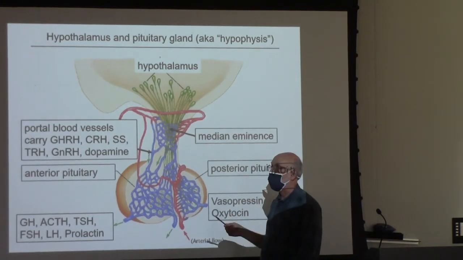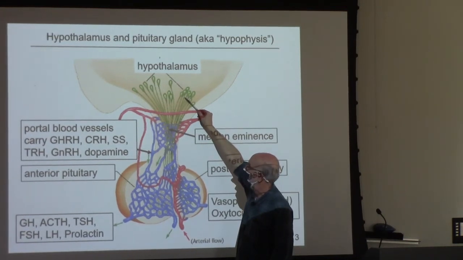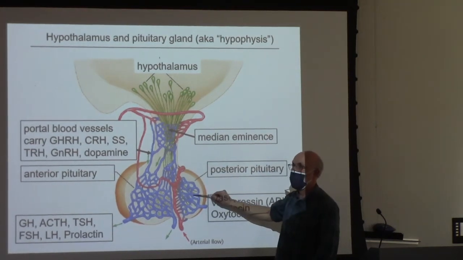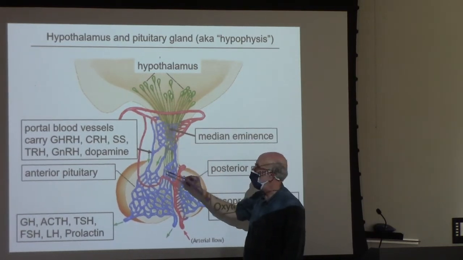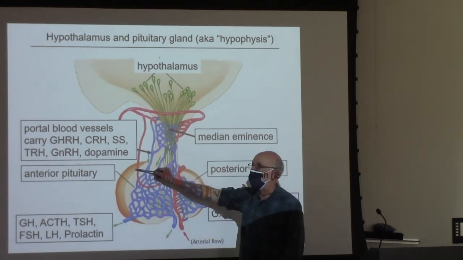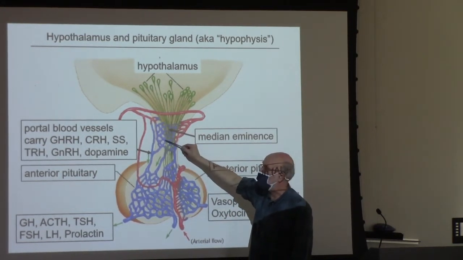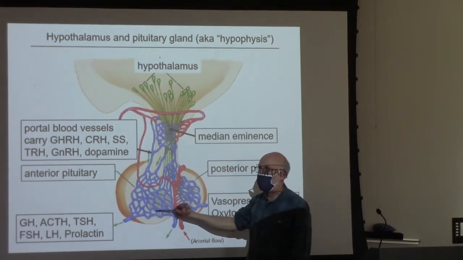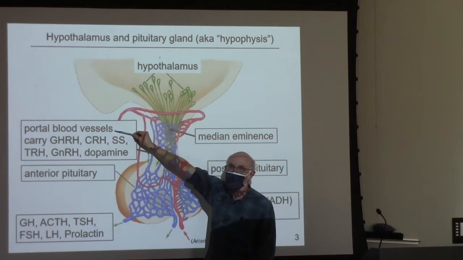So things that are similar are that neurosecretion happens from the hypothalamus, with release of hormones either in the posterior pituitary or in the median eminence. And in the case of the anterior pituitary, the hormone is carried from the median eminence to the anterior pituitary via a specialized blood stream here called the portal circulation.